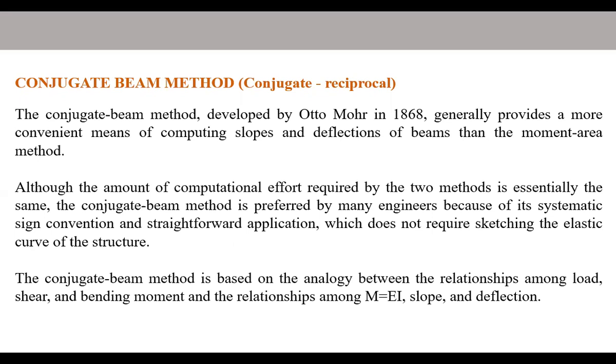You might have seen that sketching the elastic curve is necessary for the moment area method. Also, sign convention wise, we don't have much clarity. The conjugate beam method is based on an analogy between the relationship among load, shear, and bending moment and the relationship among M over EI, slope, and deflection.